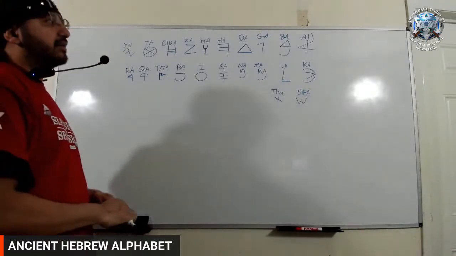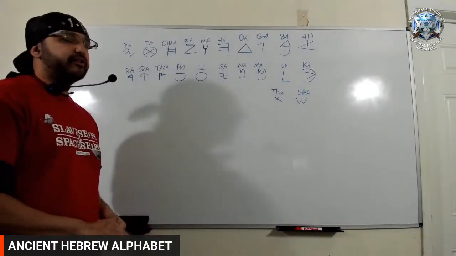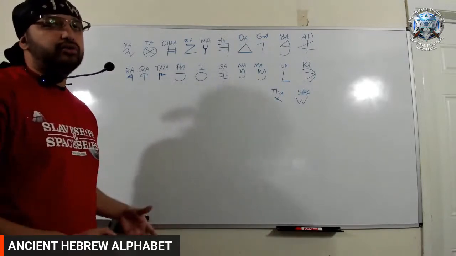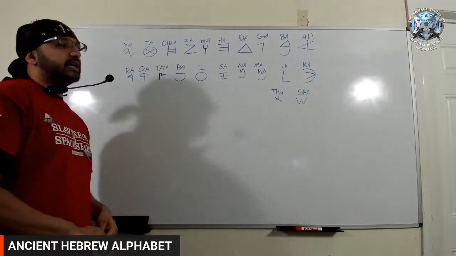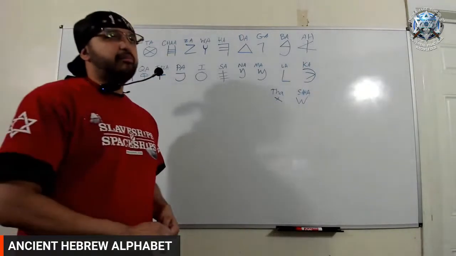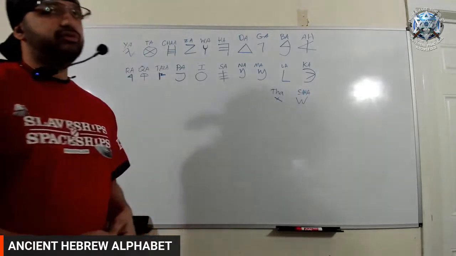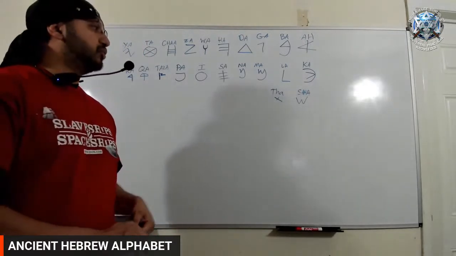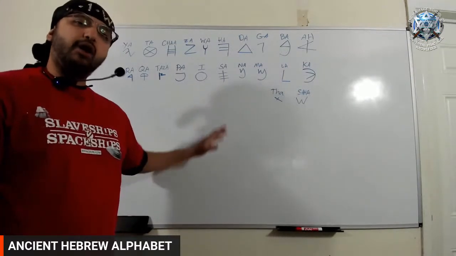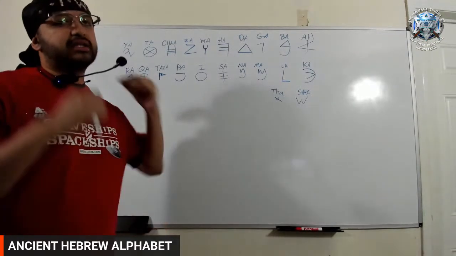These are not vowels. None of these letters are actually vowels. We think of the letter A, E, I, O, U as vowels. The modern Hebrew uses vowels, but the ancient Paleo Hebrew does not. Like when we drew the Most High's name, the Tetragrammaton, Yahweh, those were all consonants.